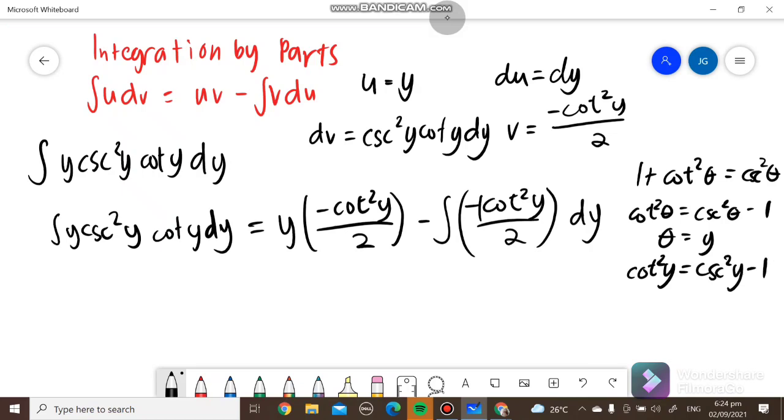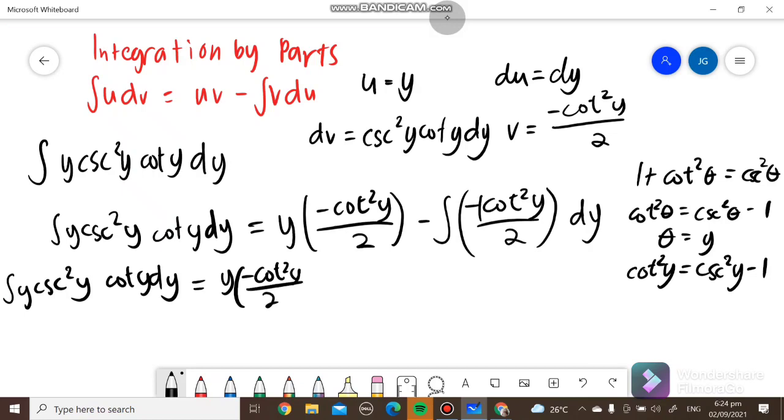Okay, so we will have the integral of y cosecant squared y cotangent y dy is equal to y multiplied by negative cotangent squared y over 2 minus the integral of, minus.